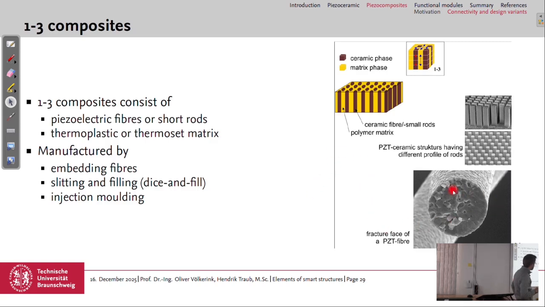Here we can see a microsection image of a PZT fiber. The scale is, I think, 10 nanometers. I'm not quite sure, I have to enlarge the image. The ceramic phase is lines, so 1 connectivity, and the matrix phase is 3 connectivity.